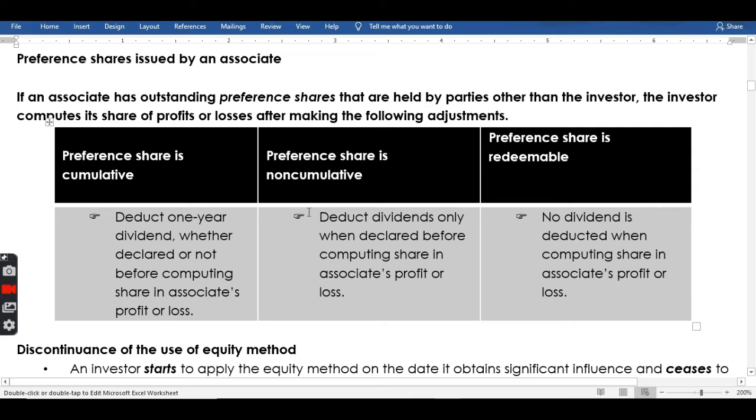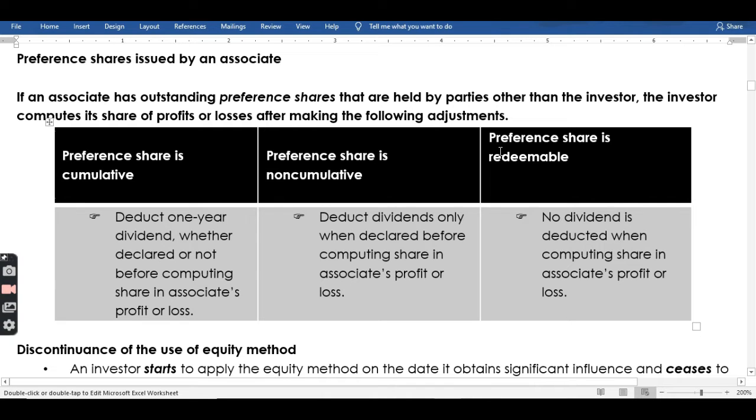Okay? Ngayon, kapag non-cumulative naman, saka lang natin ibabawas yung preference dividends, okay, kapag merong declaration. Okay? So, kapag redeemable naman yung preference share, okay, syempre wala ka nang poproblemahin dyan kasi if the preference share is redeemable, this is the concept na inaral natin initially doon sa ating topic ng cash and cash equivalents, di ba?